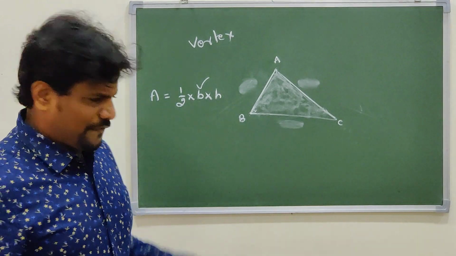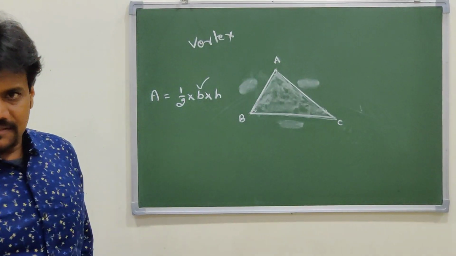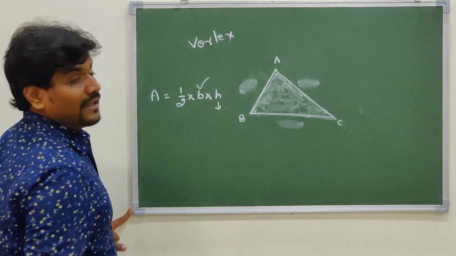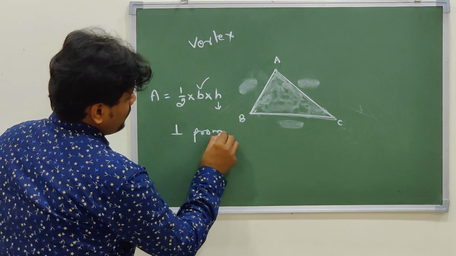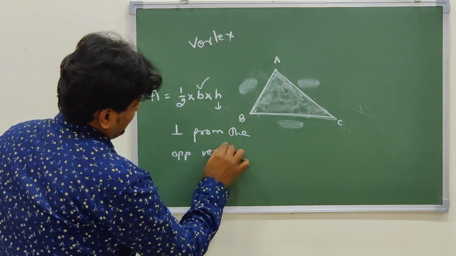Any side. For example, if I take side BC as the base, then the height will mean perpendicular from the opposite vertex.